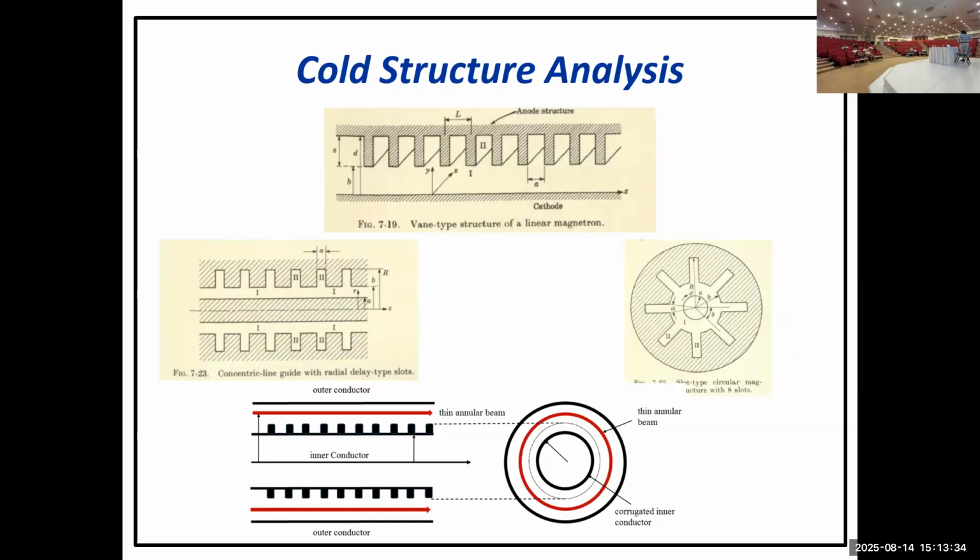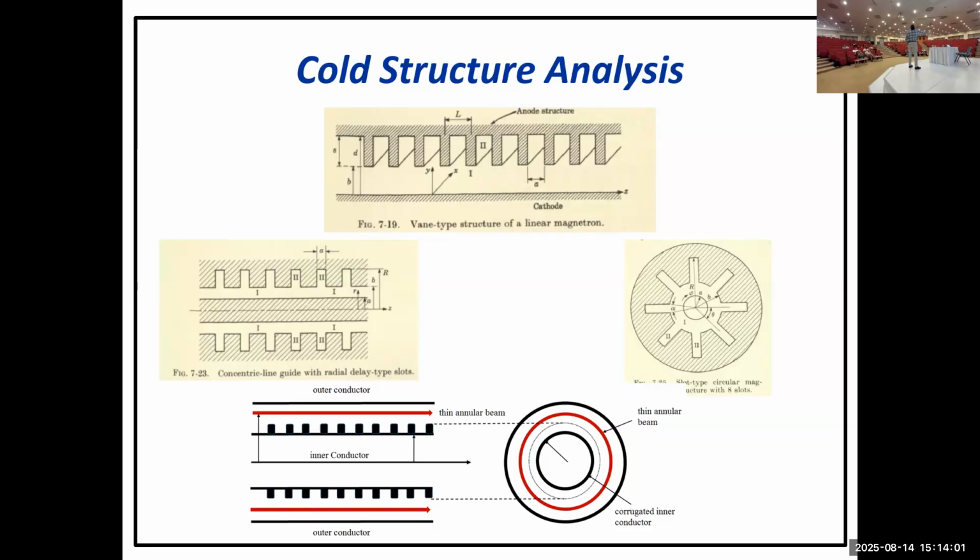Okay, so what you saw is basically what we call fast waves. Electromagnetic waves are fast waves, written in terms of electric field and magnetic field. When you introduce these obstacles, like these boundaries, since this is a periodic structure, the fields will be periodic.